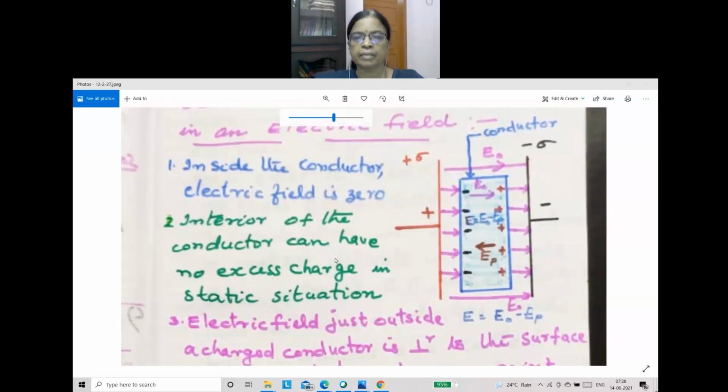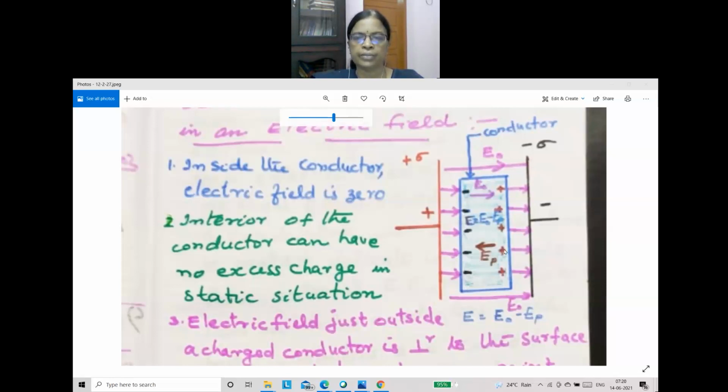So the interior of the conductor can have no excess charge, only rearrangement of charges has taken place, and it attained a static situation when the external electric field becomes equal and opposite to the internal electric field. And then inside the conductor, electric field is zero.